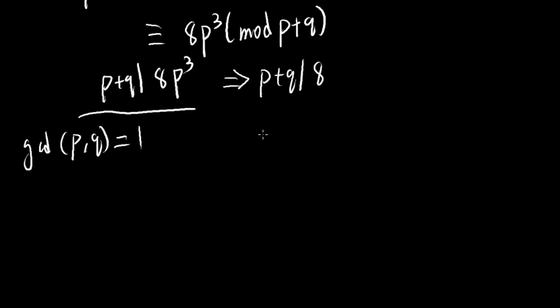And this is very good because we can get p plus q is less than or equal to 8, and we know they are prime, so we can test and find the final result.